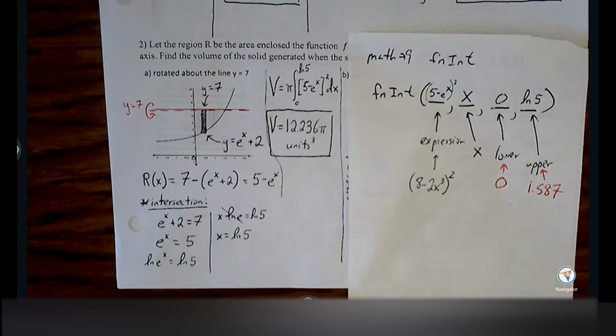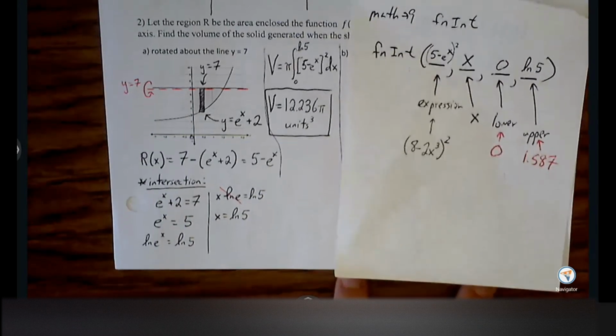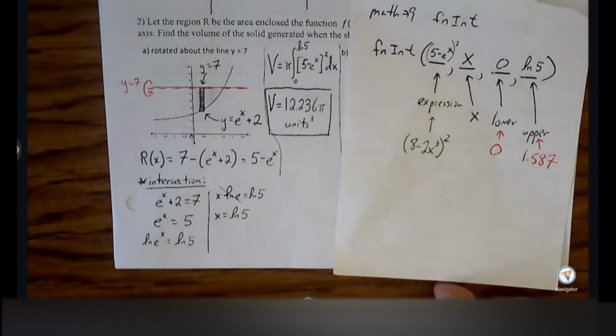So just like the previous problem, we set the two equations equal to each other. e to the x plus 2 is equal to 7. I want to isolate that e to the x first, so subtract 2 from both sides. And this is where I talked about how e to the x, my variable that I want to solve, is sitting in the exponent region.